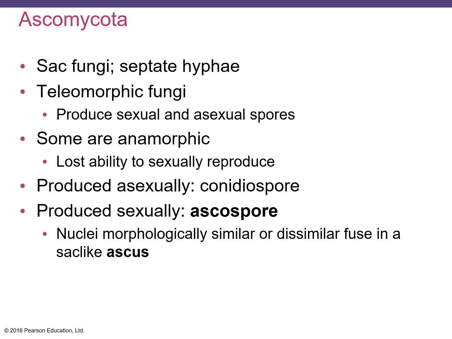An ascospore forms when the nuclei of two cells, which can be either morphologically similar or dissimilar, fuse. These spores are produced in sac-like structures called asci. So the members of this phylum are called sac fungi because of the ascus.